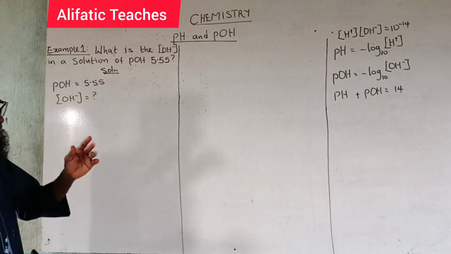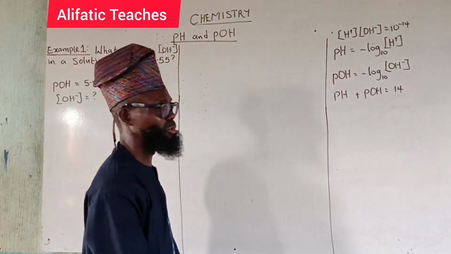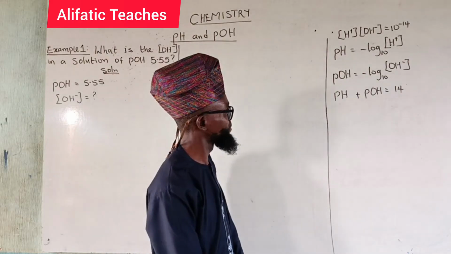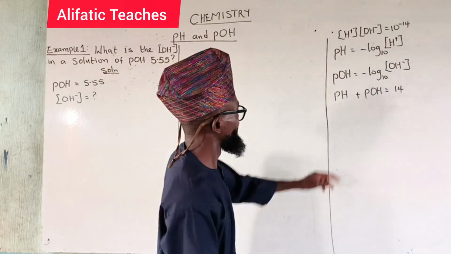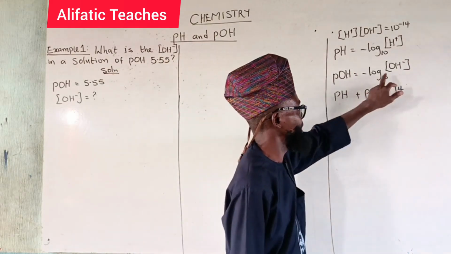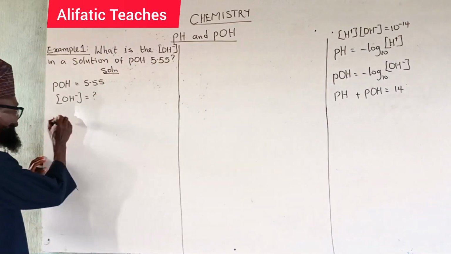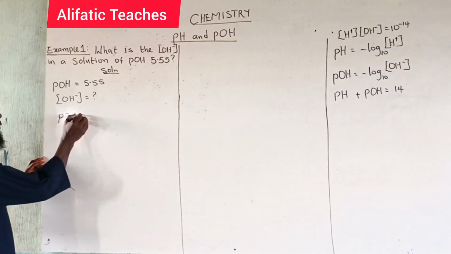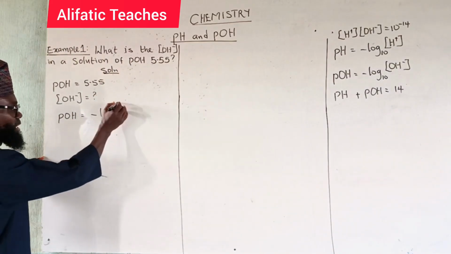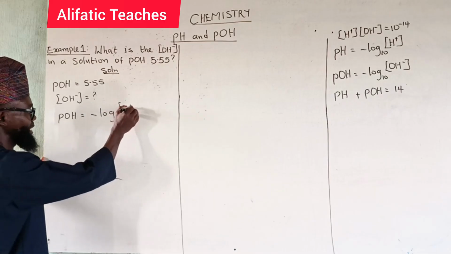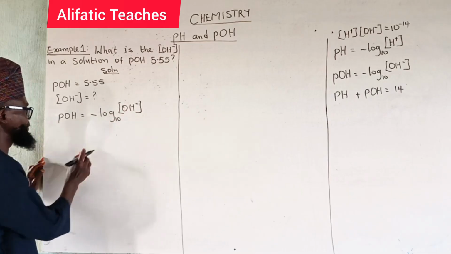Looking at the formulas, we are given pOH and want to find this, so this formula is suitable: pOH equals minus log of the concentration of hydroxyl ion to base 10.